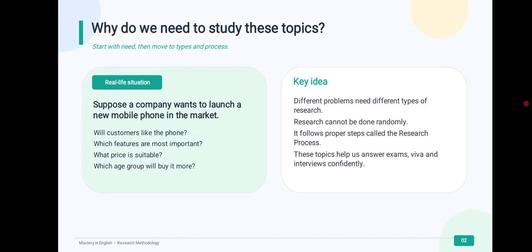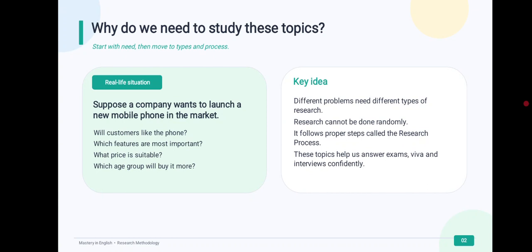Let us understand with a very simple example. Suppose a company wants to launch a new mobile phone in the market. Before launching the product, the company wants answers to some questions. First question: will customers like the phone?